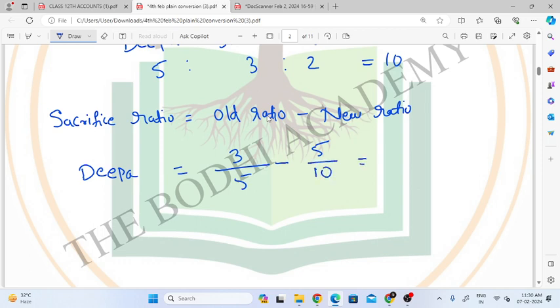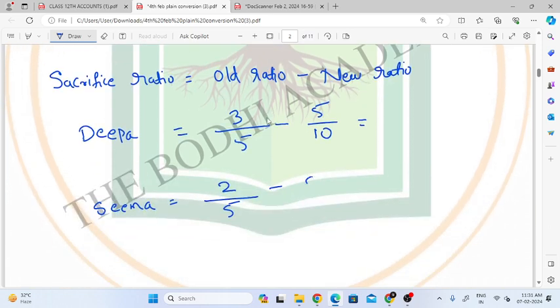We have to make the denominators the same for both Deepa and Seema. Similarly, we write the old ratio and new ratio of Seema. Old ratio of Seema is 2/5 minus new ratio of Seema, 3/10. Now we do the cross multiplication. This is 30 minus 25, which gives us 5/50.